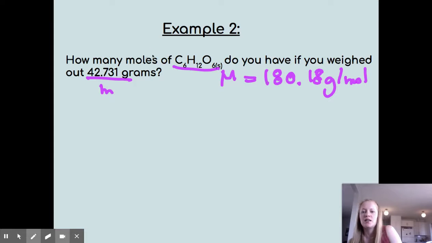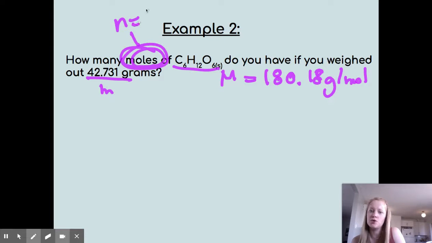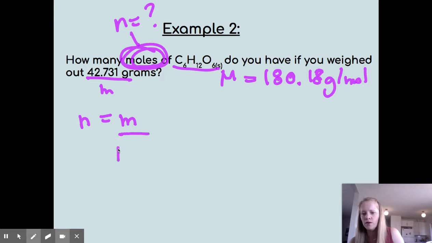And it is asking how many moles. So this is N. This is my question mark. I don't know this. So let's look at the formula. N is equal to little m over big M.